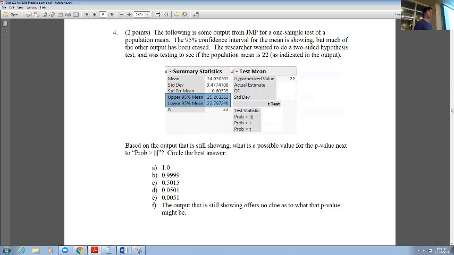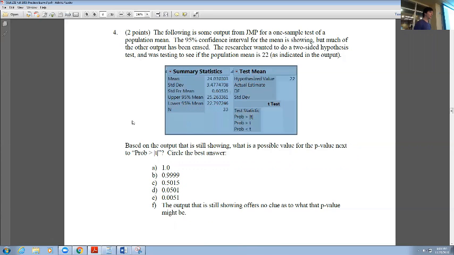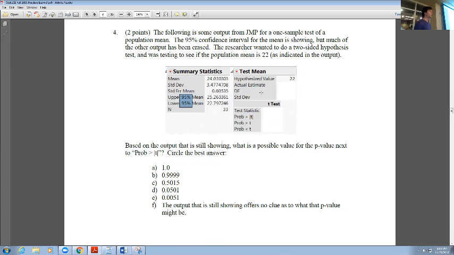And at what alpha level would you reject it on a two-tailed test? 5%. Does everyone see how Victoria found 5%? Because it's a 95% confidence interval. Does that make sense? Since we built a 95% confidence interval, we can reject at the 5% level. And what is the only p-value over here that allows you to reject at the 5% level? Does that make sense?